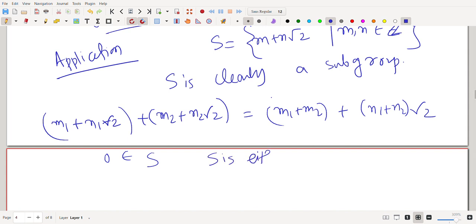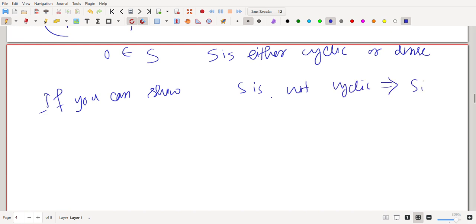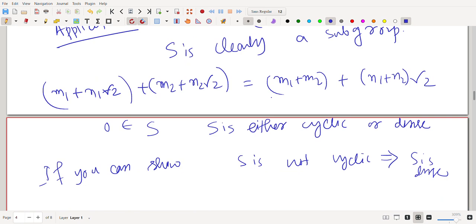That means S is either cyclic or dense. So if you can show S is not cyclic, that will imply S is dense, right? So the only work you have to do is to show that S is not cyclic.